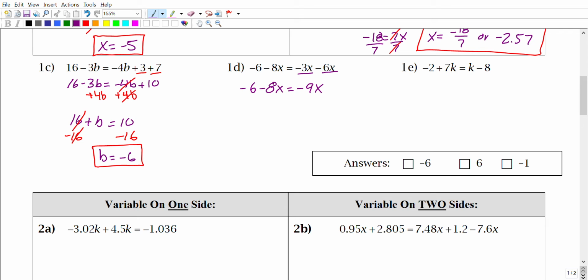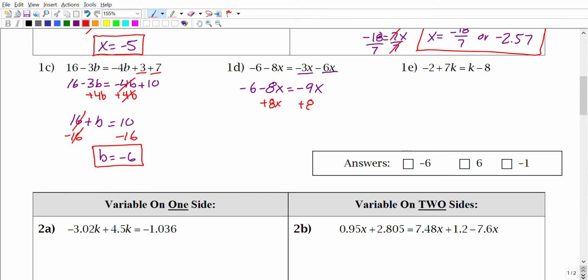But the reason I'm not going to do it this time is because if I get rid of that 9x like this, I'm not going to have anything on the right-hand side anymore. And yes, we can still move around that negative 6 afterwards, but honestly, that's just going to cause more work. So what I'm going to actually do is move the negative 8x.